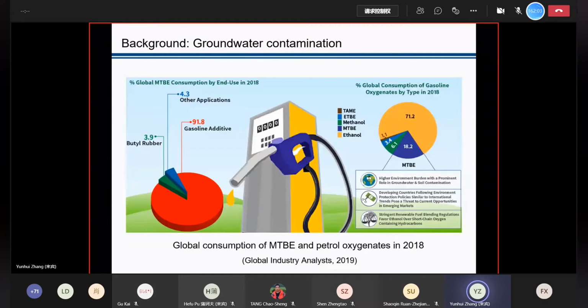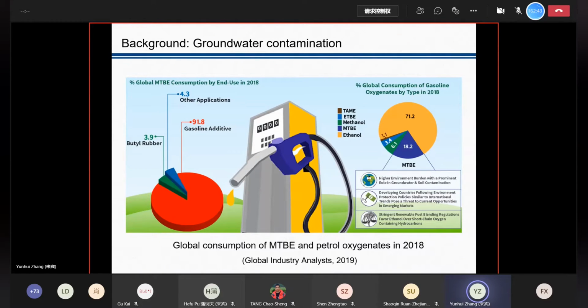Although the use of lead has been phased out, MTBE remains a widespread organic contaminant due to its continued use in petrol in some developing countries and regions, accounting for about 92% of its global use in 2018. And for the metals, besides the petrol additives, metals are also a kind of toxic pollutants in groundwater from various sources.